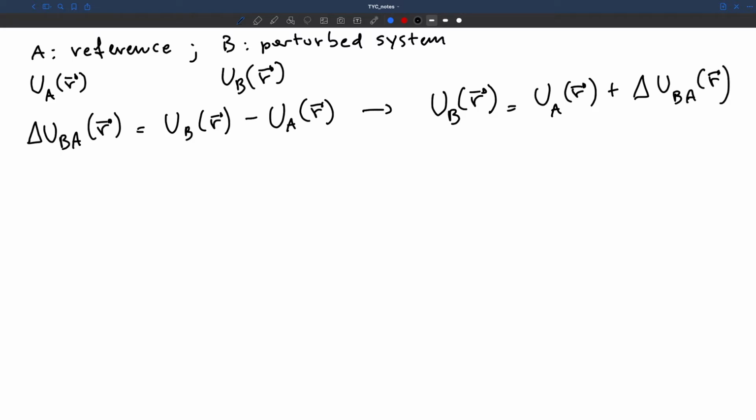So if this is the case, let us write the partition functions, better, the configurational integrals, since we are only looking at perturbations that have to do with the coordinate space.